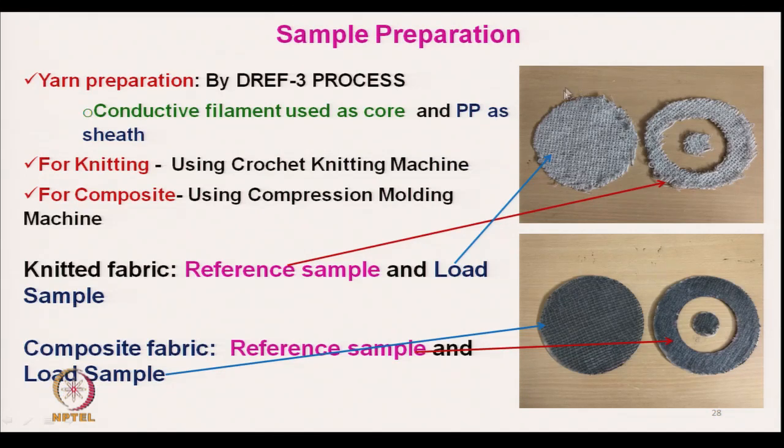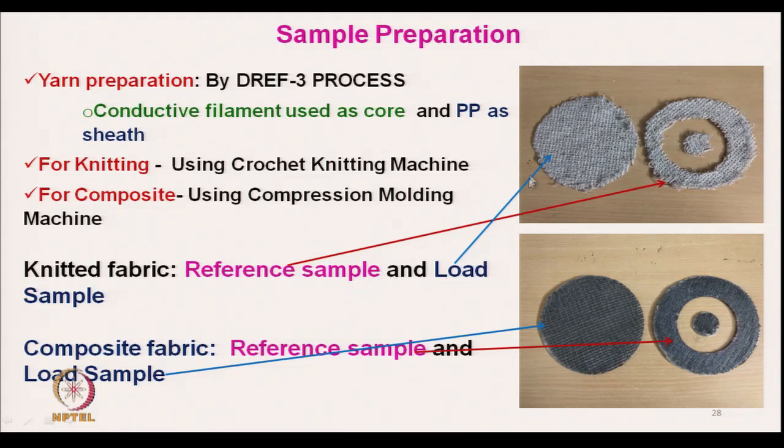Now, this is the specimen. Two types of specimens were used, one is knitted fabric and the other is composite fabric. Composite means fabric reinforced composite. Knitting was done using a crochet knitting machine and the composite was made using a compression molding machine.